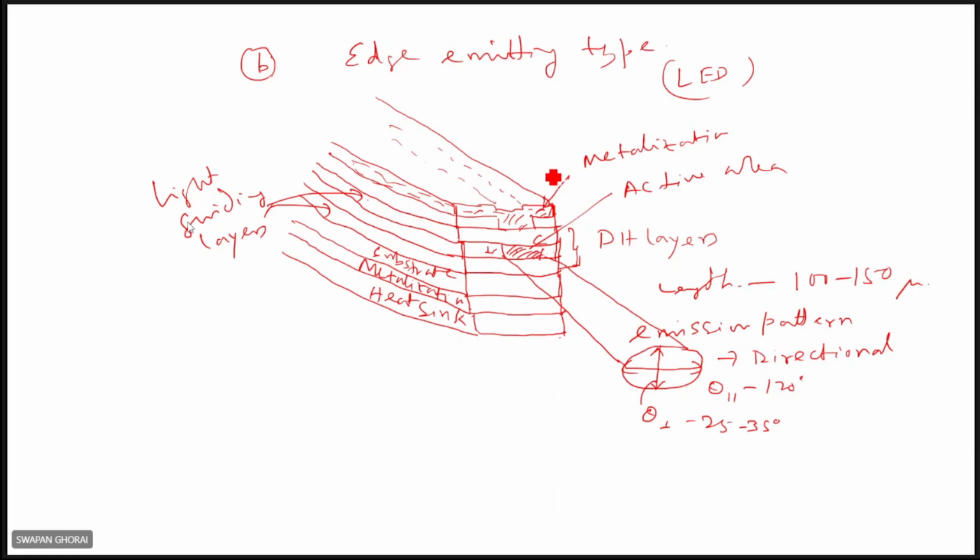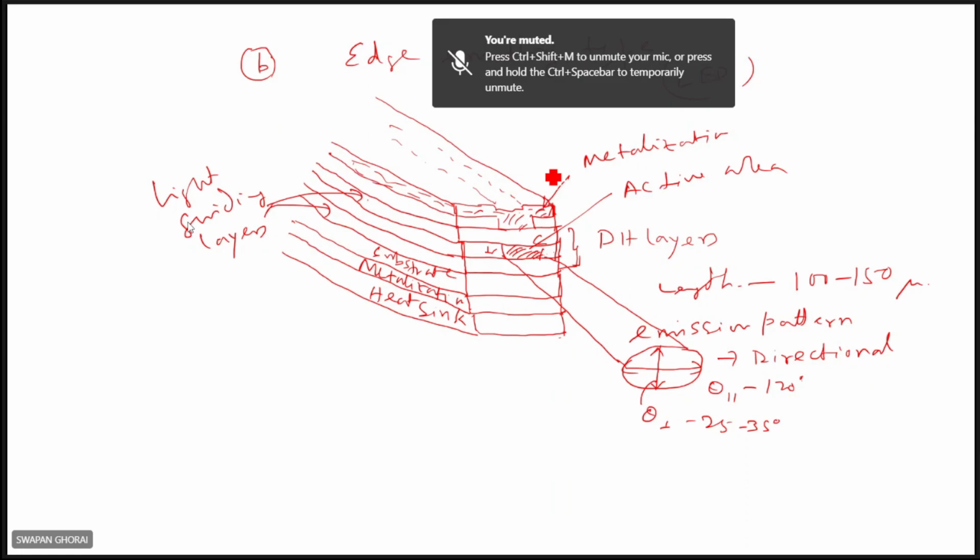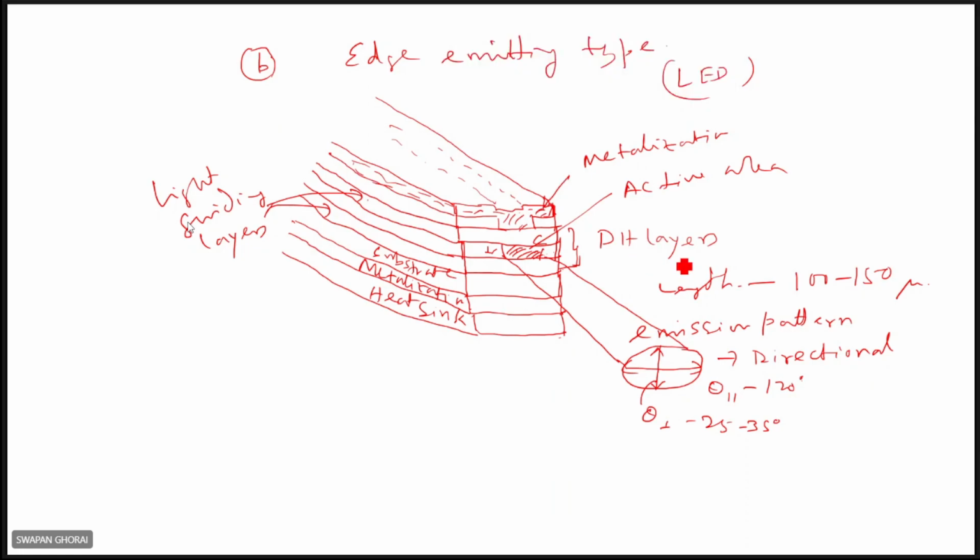In this case, you see the waveguide effect is here. This structure will create waveguide channels, just like optical fiber waveguide channels, so that it will direct the light towards the fiber core, right?